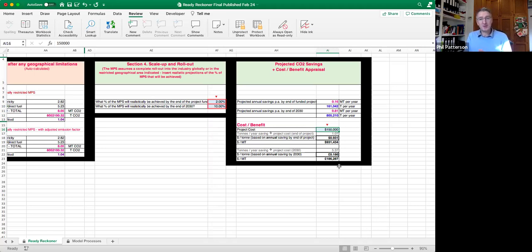So that is three very simple examples. I'd now like to look at a couple more slightly more complicated examples. And this is where we can use the Ready Reckoner as a tool, but it doesn't necessarily give us absolute clarity.